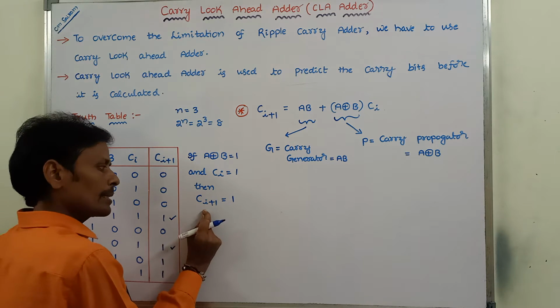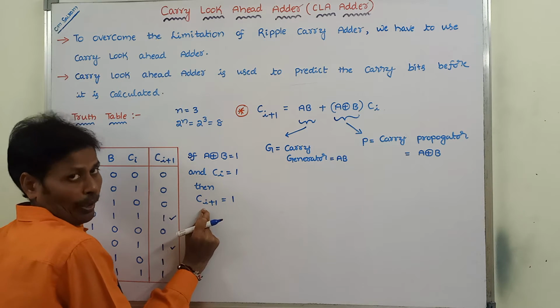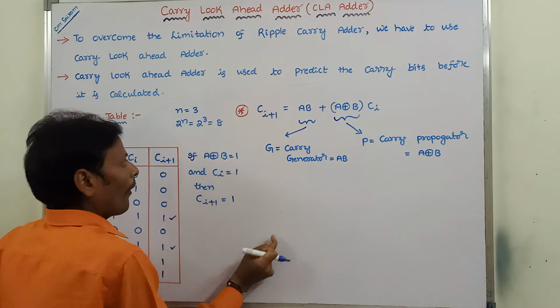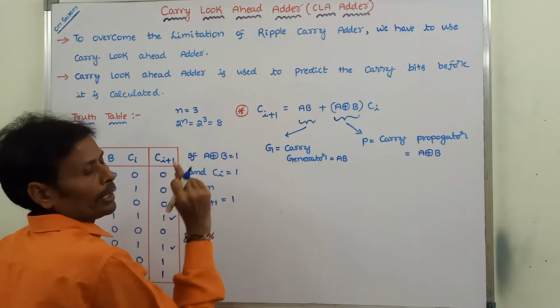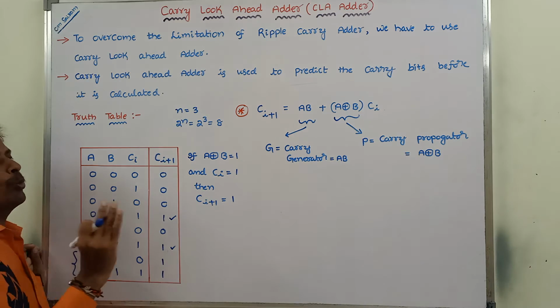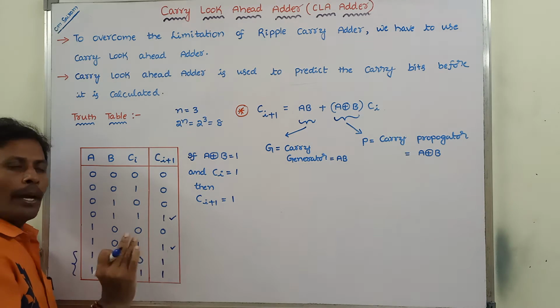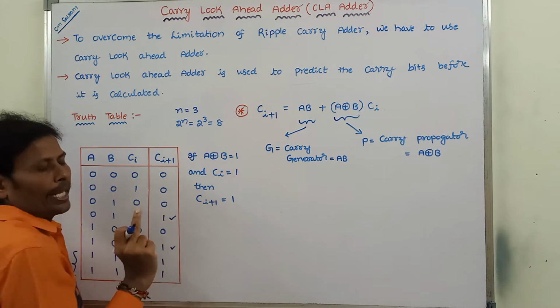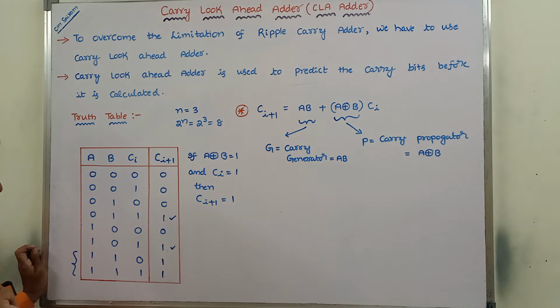So that means C suffix I plus 1 depends on the exclusive OR operation between the 2 inputs A and B, and also the input carry value being equal to 1.